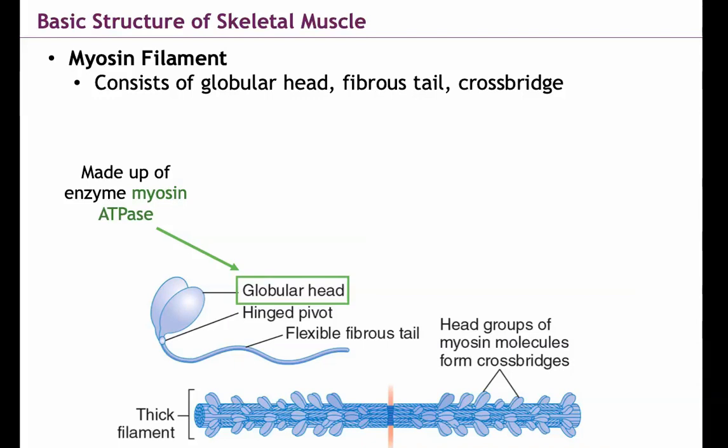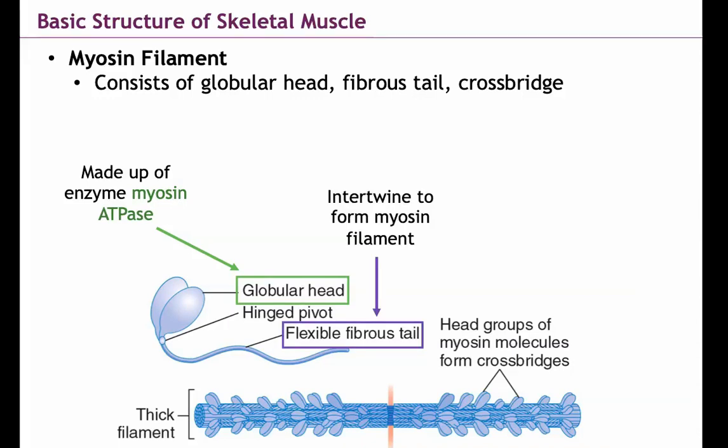Well, when we add myosin to it, it's going to be kind of specific to the myosin head. So this head is made up of an enzyme, ATPase. ATPase splits apart an ATP, releasing energy. And so we need to know that for part 2 when we talk about the sliding filament theory. We're going to talk about how the myosin head, the ATPase enzyme, hydrolyzes ATP.